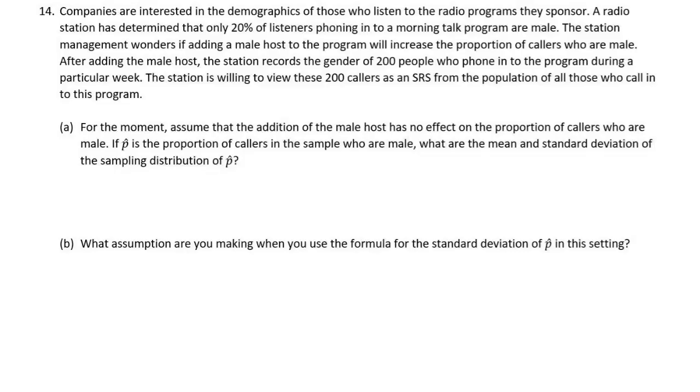Like, what does that sentence actually say? I always like to try to figure out if we know exactly what's being said here so that we can make sense of the numbers that come afterwards. It says companies are interested in the demographics of those who listen to the radio programs they sponsor. Yeah, like if they say, we want our ads to run during this show, we're going to sponsor this person's show, they want that on during a time slot where the people that they're trying to reach are going to be listening.